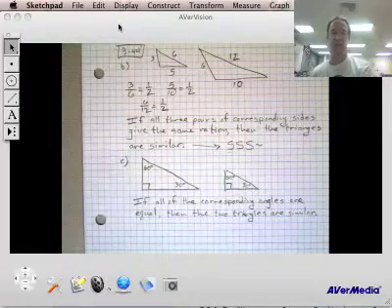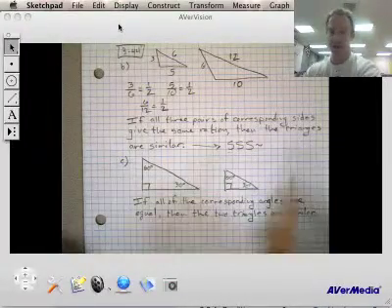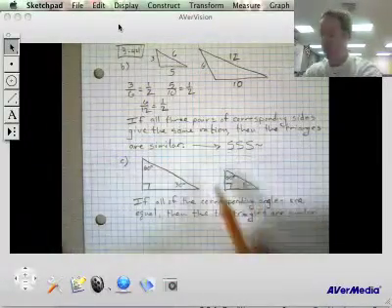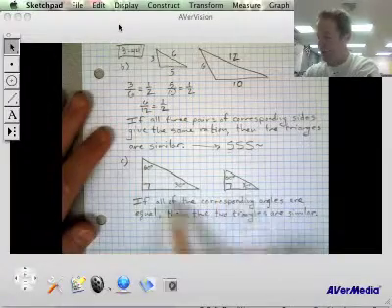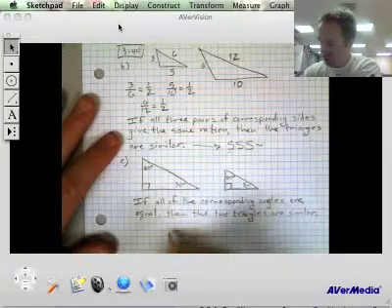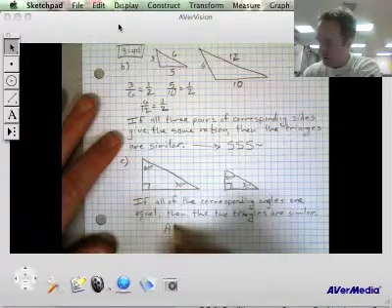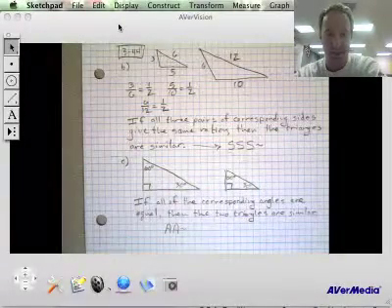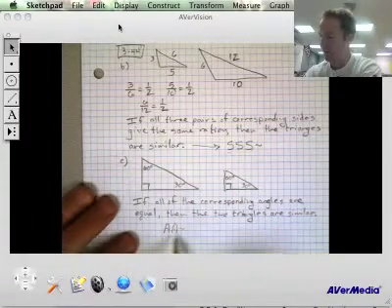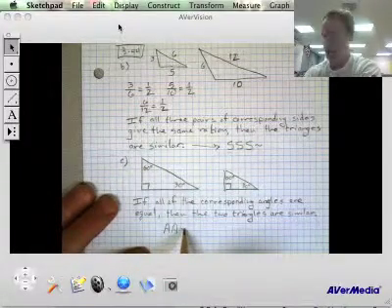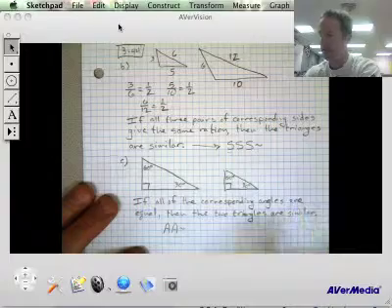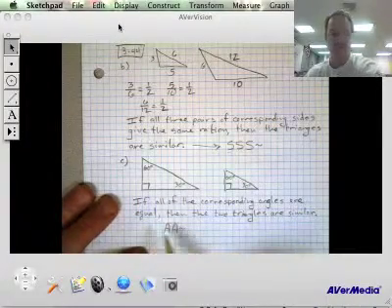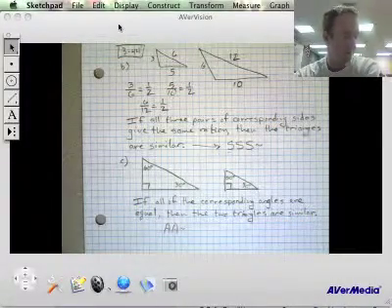Now again, that's a lot to write. If I asked you to justify why two triangles are similar and you were going to use this, it would take a while to write all this stuff out. So usually what we do is we simplify it, and we call this angle similarity. Okay? Angle similarity. It just means that if all the corresponding angles are equal, then the triangles are similar.